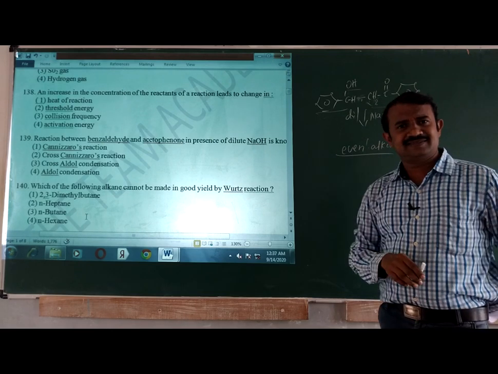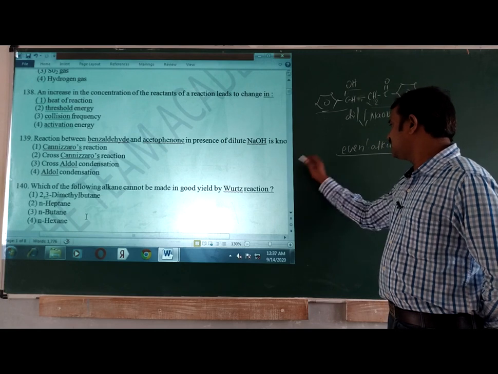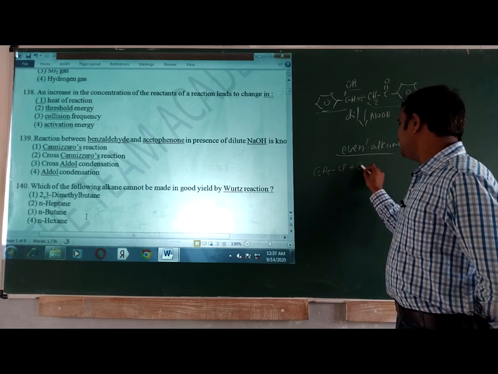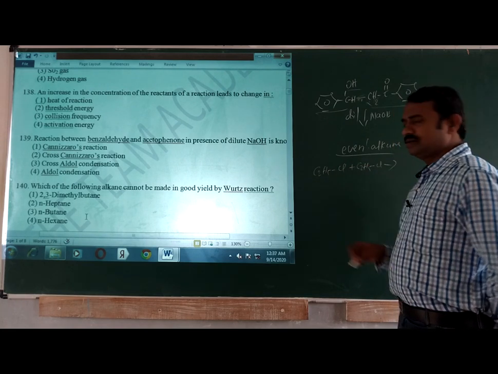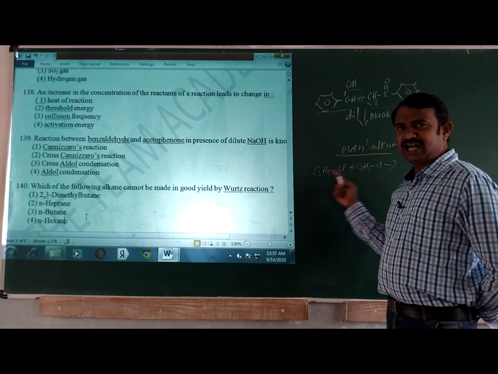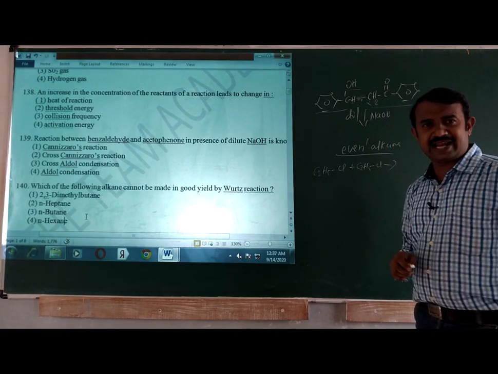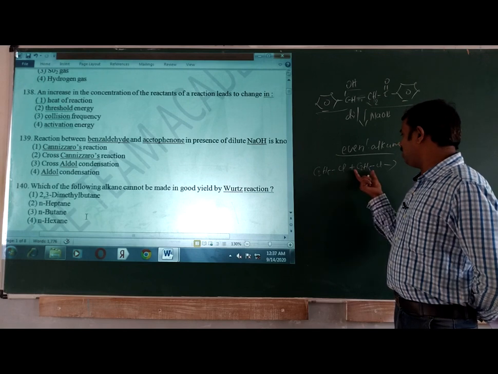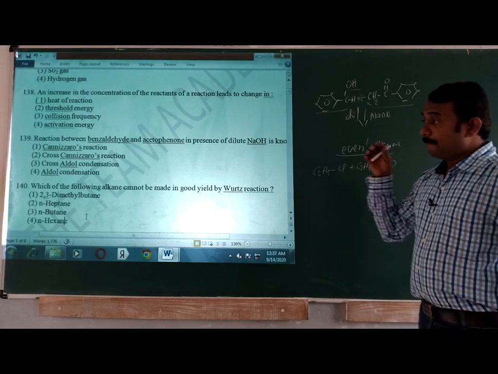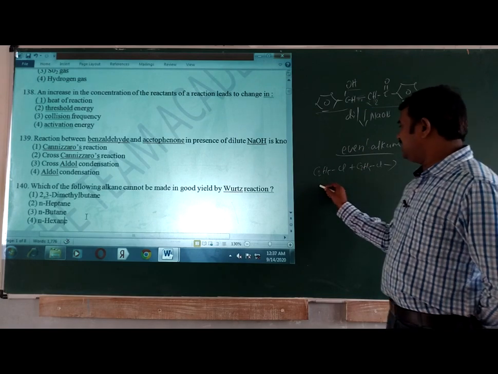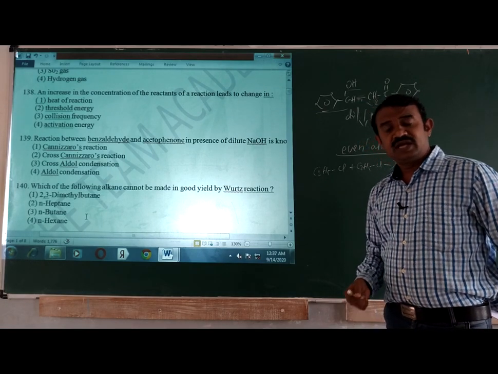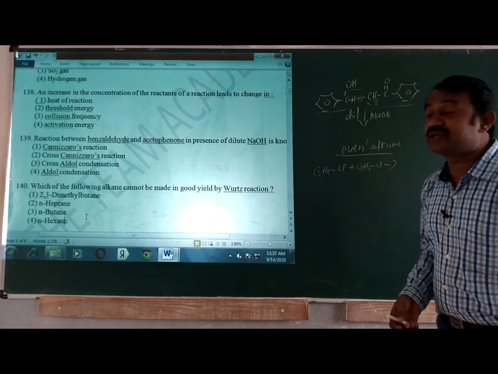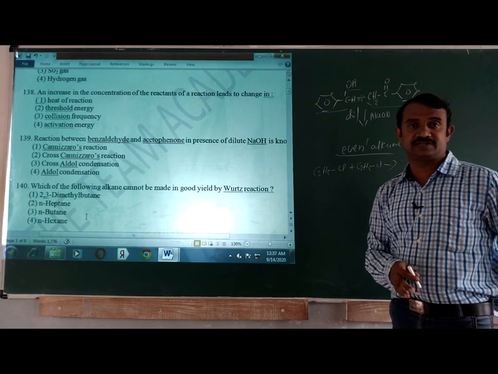When the alkyl halide, RX, for example C2H5Cl and another C2H5Cl, the same alkyl halides react with sodium metal to form higher alkanes, an even number of alkane. If we take ethyl chloride, you will get butane. In case we take one ethyl chloride and another methyl chloride, different alkyl halides, or odd number alkanes, it is very difficult.